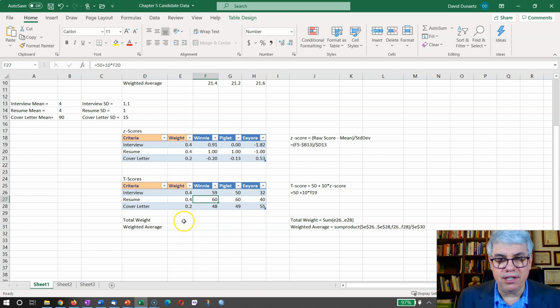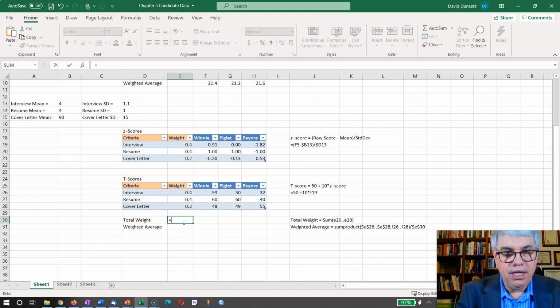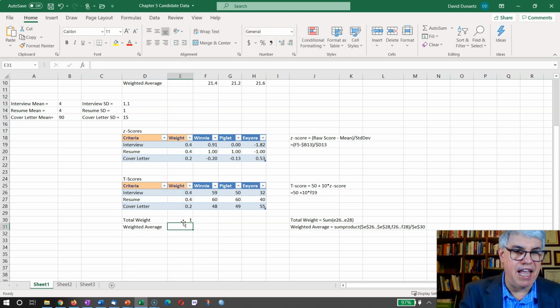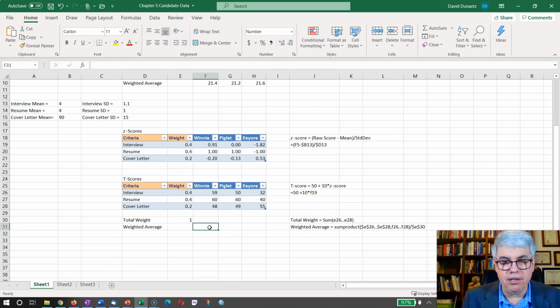Now let's calculate the total weight, because the interview and the resume are supposed to be 40% of the score and the cover letter 20. So I'm going to do equals sum, and we're going to go from E26 to E28, those three numbers, and that's going to add together to be 1. And now our weighted average, we're going to calculate for each one.